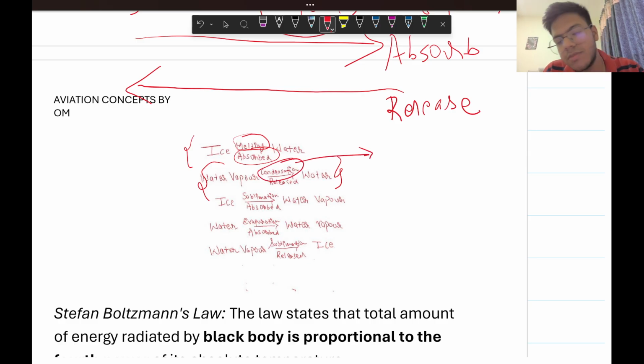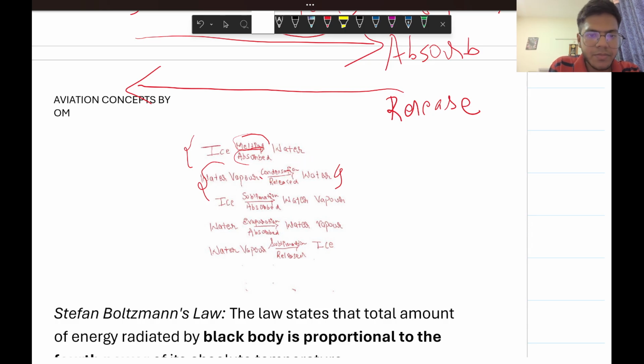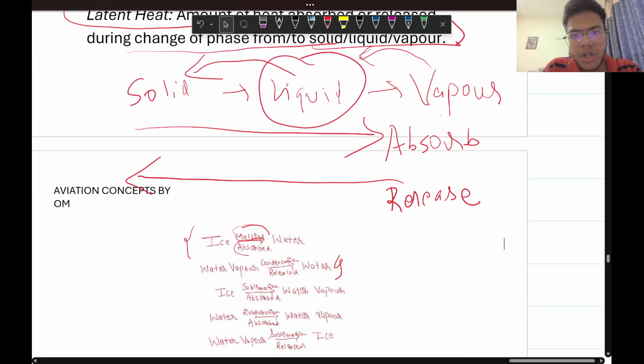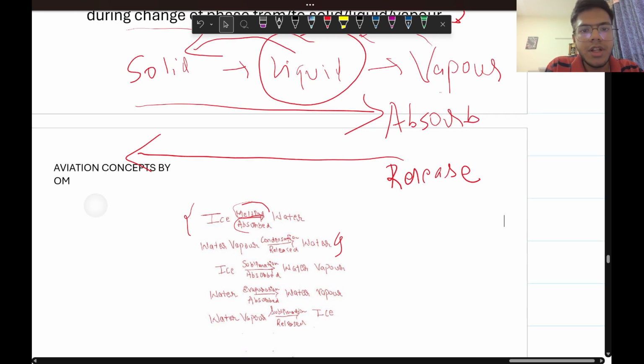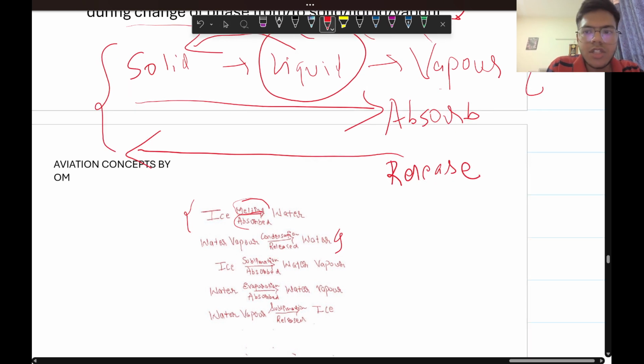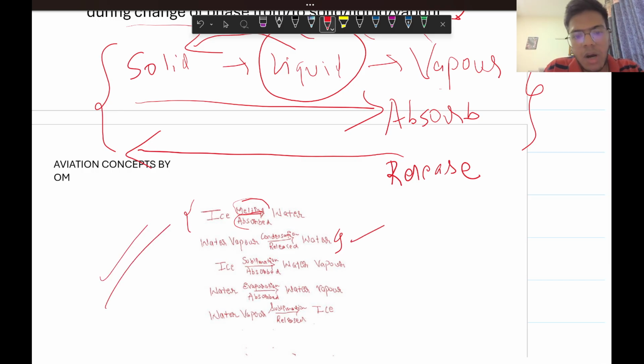Basically, this is also the process for your cloud formation. See, water vapor to water. In this, I have to release some amount of heat. Guys, understanding this is very important. So heat is released and the process is known as condensation.